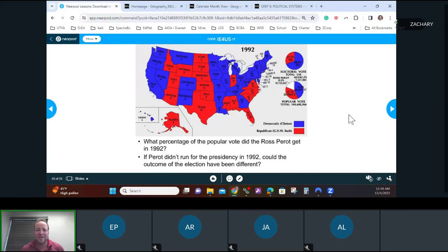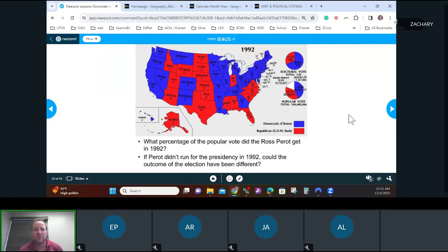Ross Perot in the 1992 election was a political candidate that ran as an independent. And this is when the then president, the incumbent, was President H.W. Bush. And he was running against Bill Clinton. Bill Clinton hadn't been made president yet.